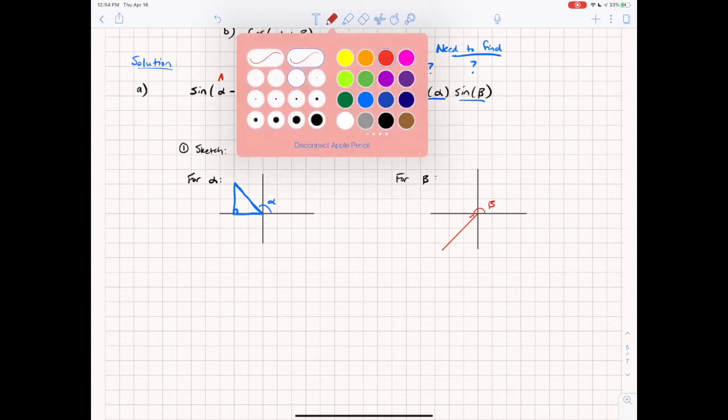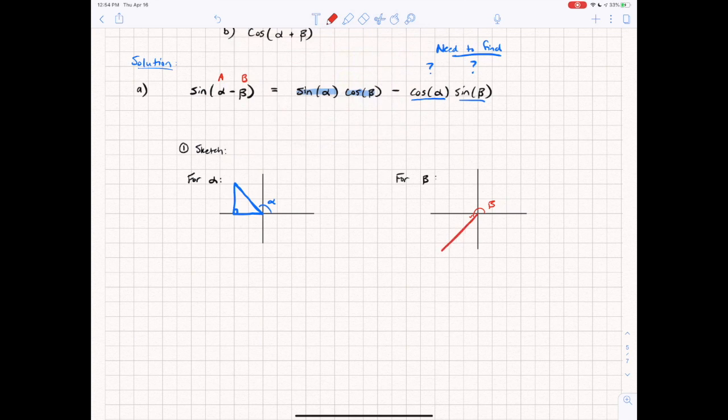For the red, I'll do the same thing, and again, sketch it going to the x-axis. So now I have my reference. I was told that for alpha, sine of alpha was equal to 4/5, meaning I know the opposite and hypotenuse for this triangle. This would be 4, this would be 5.